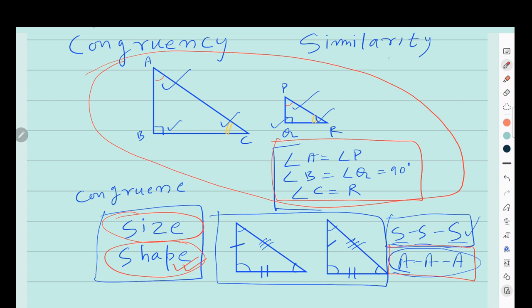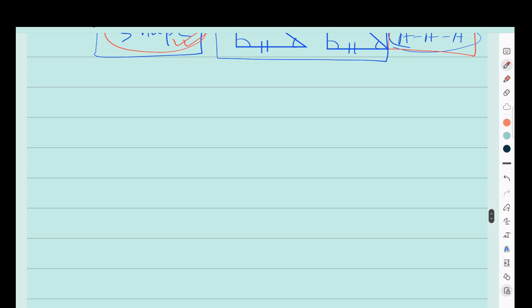So for similarity, the shape needs to be the same, and for congruency, size and shape both should be exactly the same. Okay, so now as we have seen the concepts of congruency and similarity, let us go forward. I think this is the basic concept on which this chapter is built.